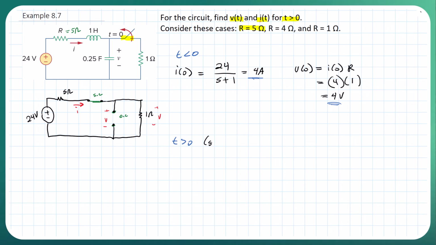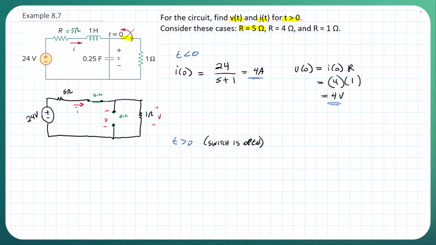The switch is opened. When the switch opens, we know that I of 0 minus and I of 0 plus are essentially going to be the same, because the capacitor voltage and the inductor current can't change instantaneously. Remember that from the past.